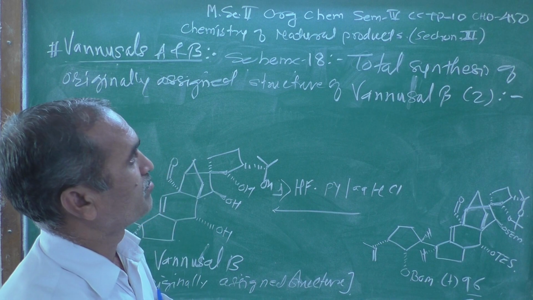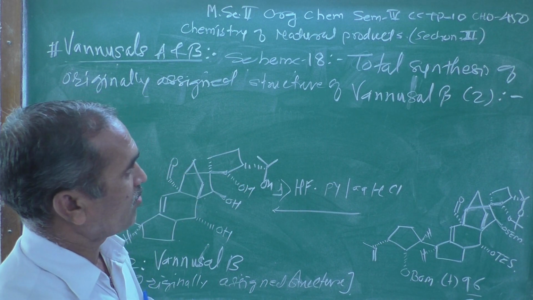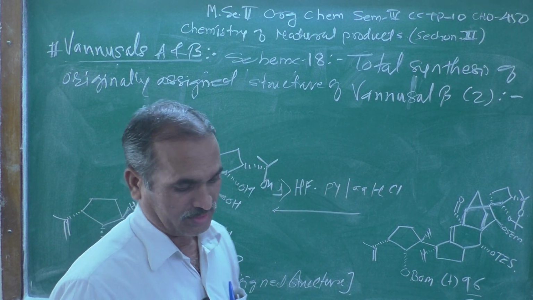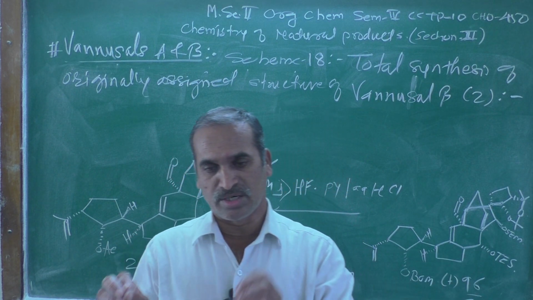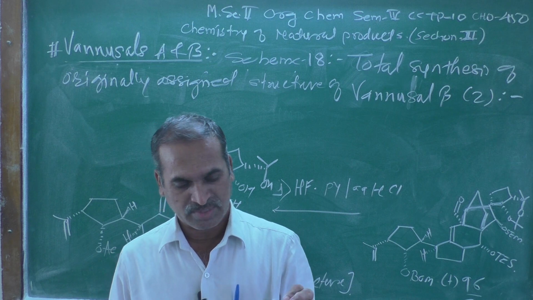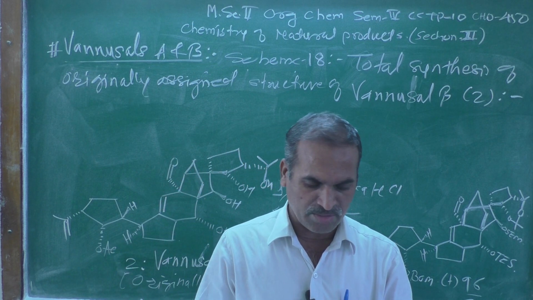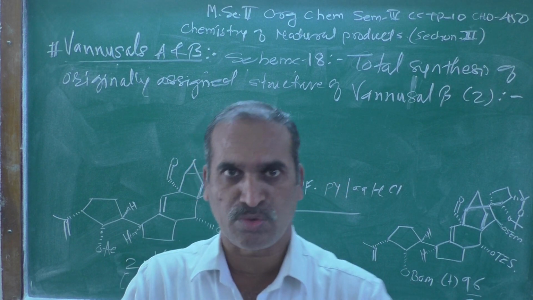But this is scheme number 18, total synthesis of the originally assigned structure of Vanucell B2, which we already derived over here and discussed in detail using the different reagents and conditions. I think with this, let us stop today here, remaining we will see in our next lecture. Thank you, have a nice day.